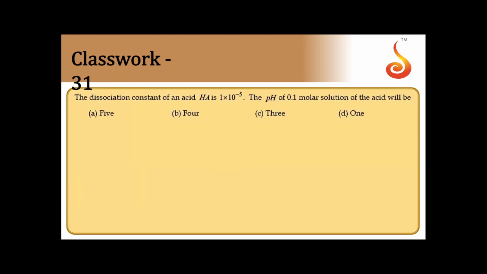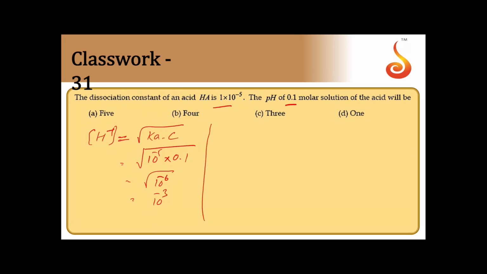For weak acids, the formula of H plus is the square root of Ka into C. Ka is given as well as the concentration, so it is the square root of 10 to the power of minus 5 into 0.1, which makes 10 to the power of minus 6, meaning H plus is 10 to the power of minus 3. So the pH value will be equal to 3. Option C.